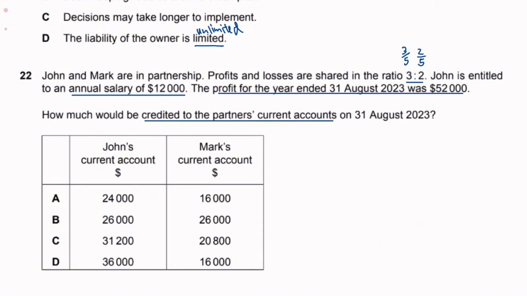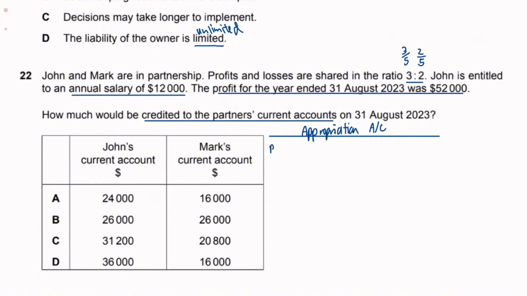First, you need to prepare an appropriation account so that you can work out the share of profit or loss. Actually, you don't have to label it when doing MCQ because you want to save time, but right now I'll do it for you.